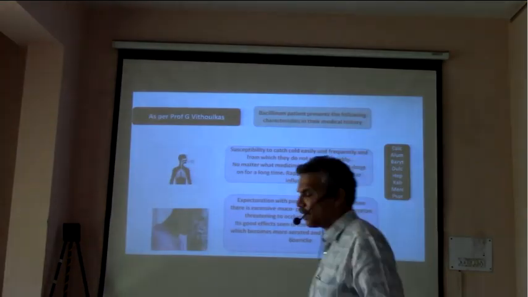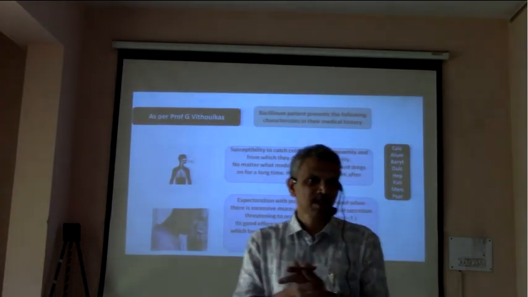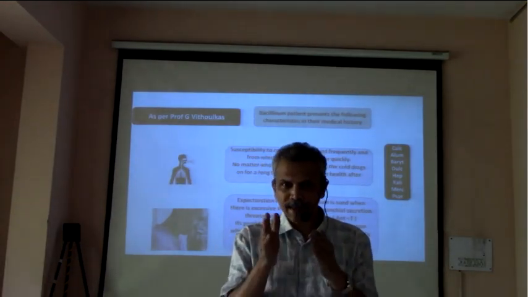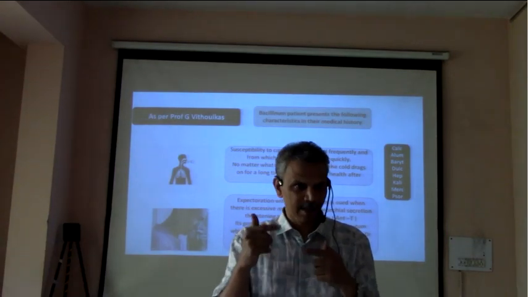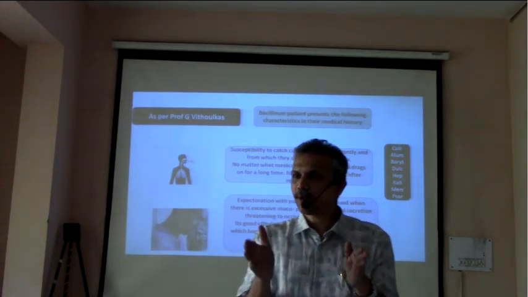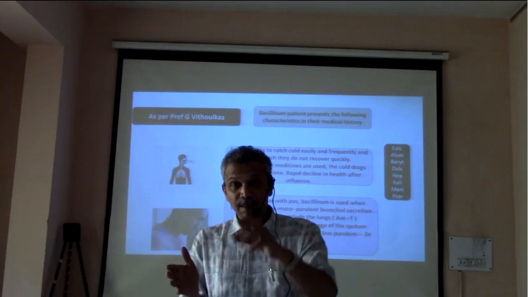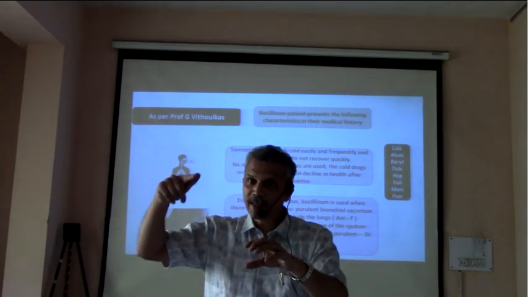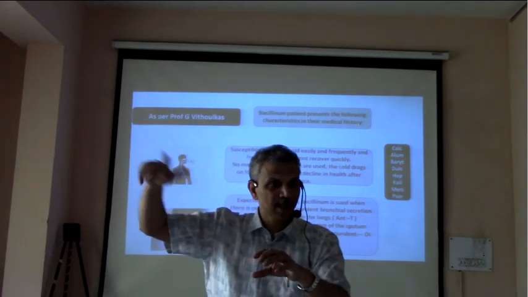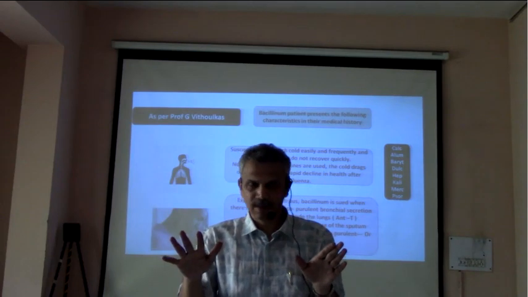So these 5-6 points you will have to remember. Before we take up Bacillinum in detail in the next class, this is the foundation that I have given, and based on this foundation we will be building up the drug picture of Bacillinum in the next class. Okay.